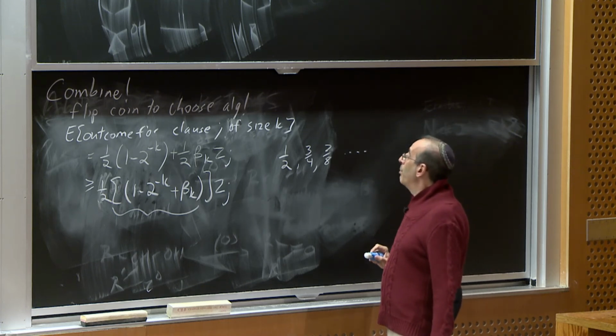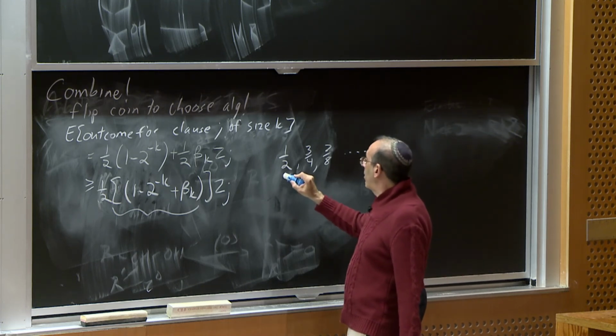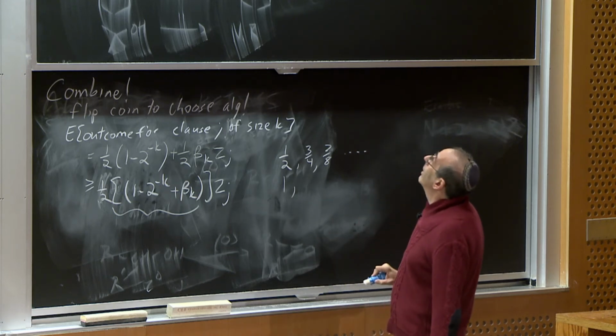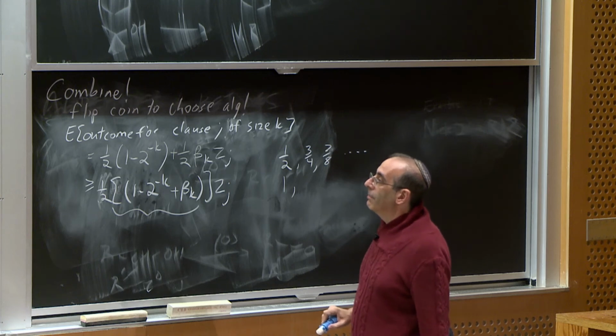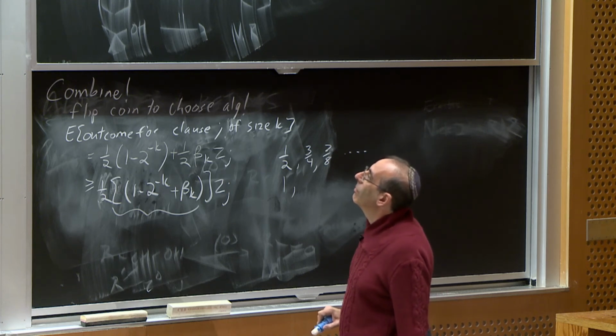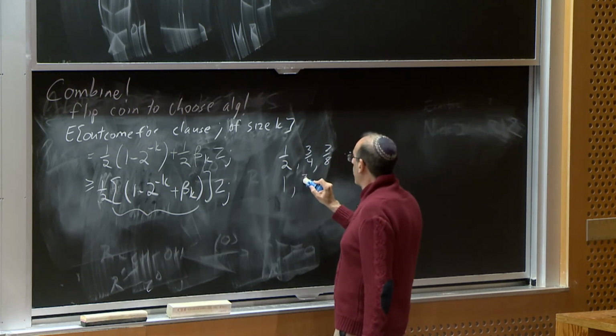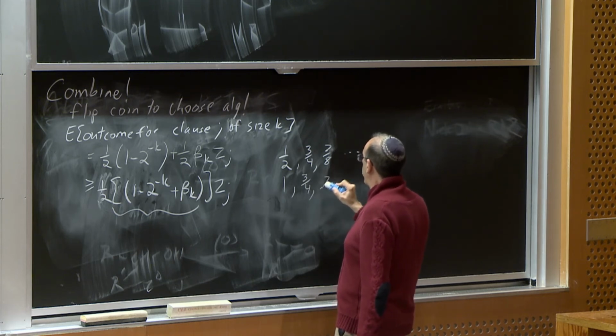And then we have beta k, which starts out at 1, then 3/4, then 0.704.